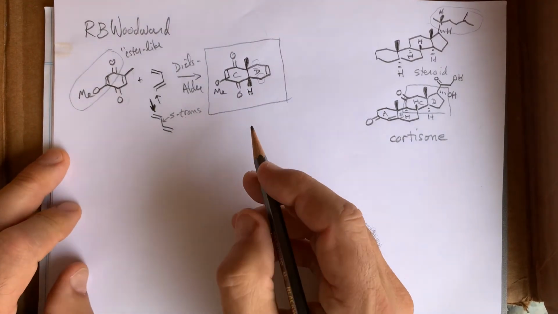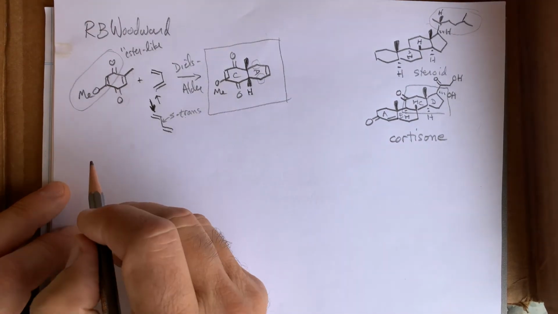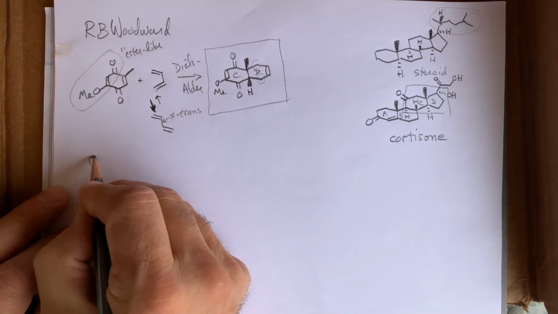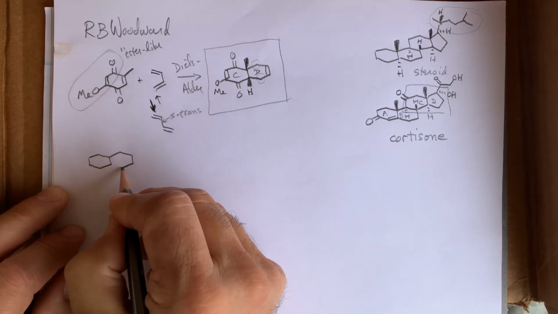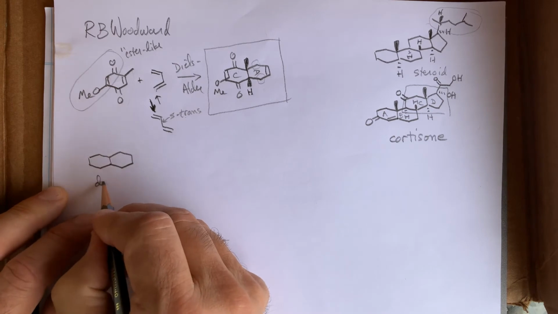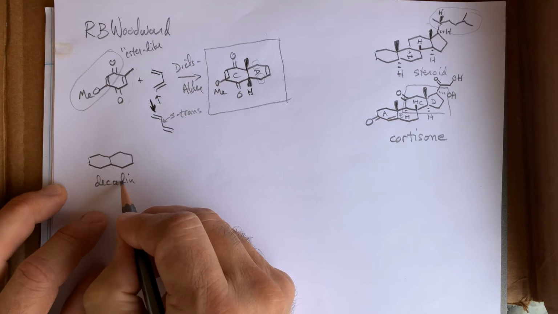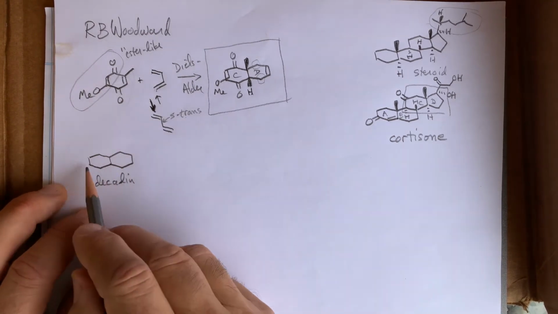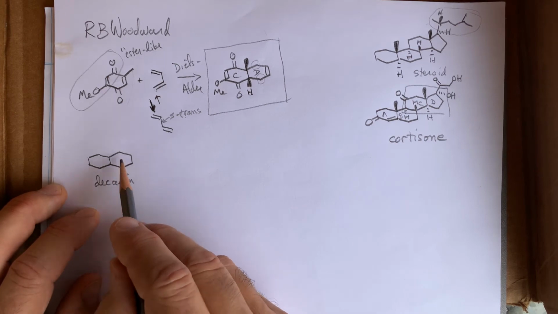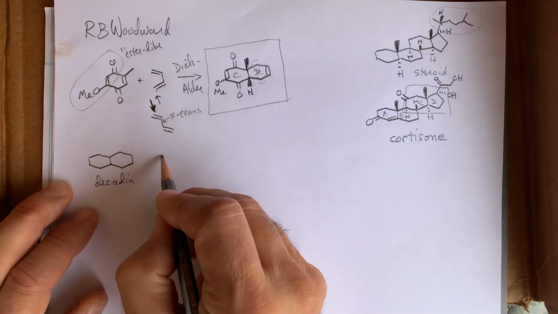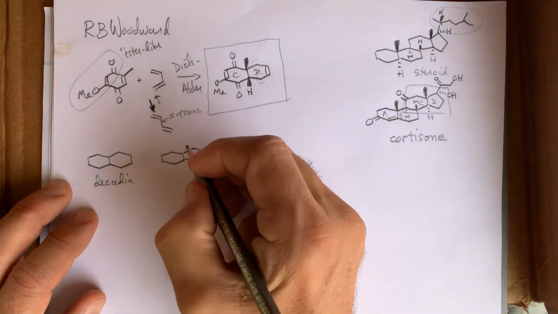Now, he knows, this is 1952, or actually late 40s when he's really starting to work on this, that decalin is the 10 carbon bicyclic 6,6 fused ring system, and you can have cis and trans.